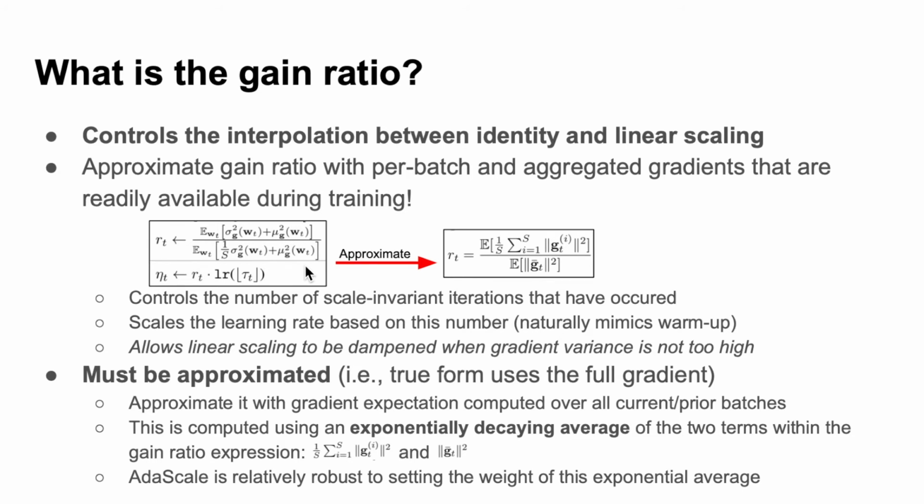It scales the learning rate based on this gain ratio, naturally mimics a warm-up as mentioned previously, and basically has the property that if the variance of our gradient is very high, this will approach s, and as our variance is low, this term right here will approach 1. So basically this allows us to dampen linear scaling when the gradient variance is not too high.